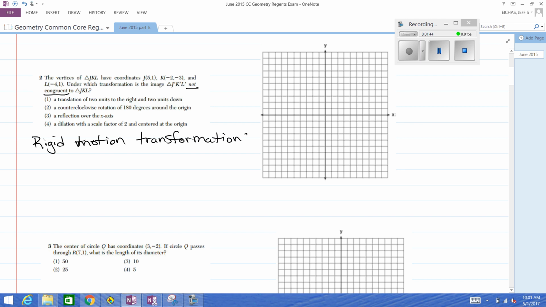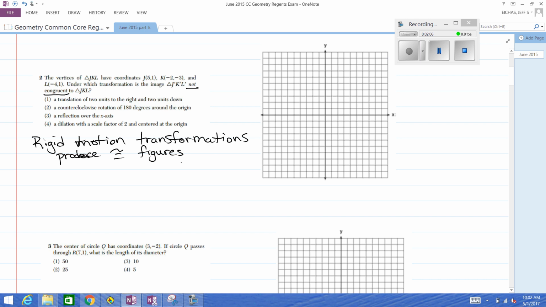That would be your line reflection, translation, point reflection, rotation. Those are your rigid motion transformations, which would remain congruent, so that would produce congruent figures.